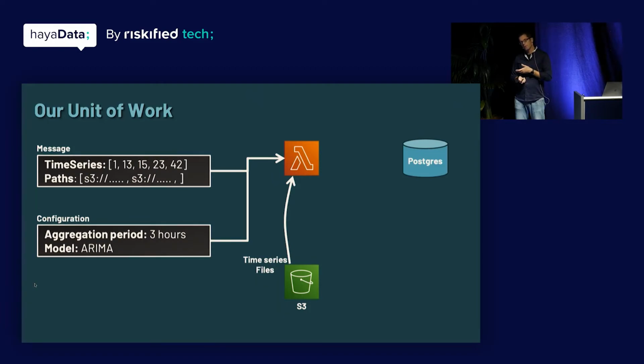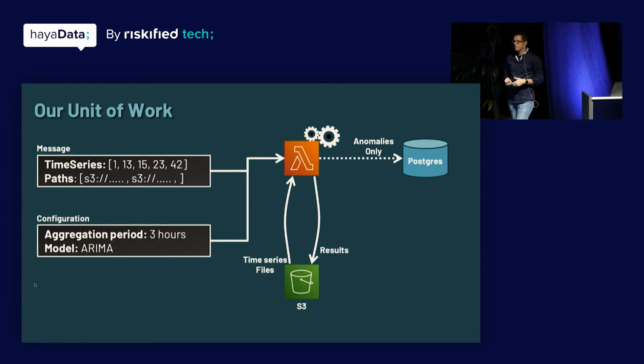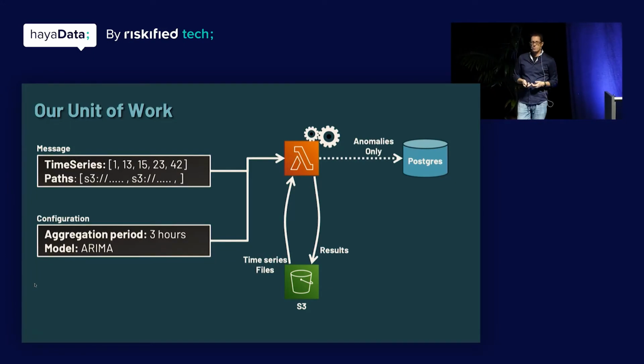Reads the files from S3 with the old data, adds the new data, runs the predictions, saves the results back, and only if it has anomalies would store them in a PostgreSQL DB. So we still use Postgres, but now it's an order of magnitude less data. It's just a small amount of data, so that is no longer a bottleneck. And this is great because we can calculate metrics and send the alerts from there and do analysis on it.